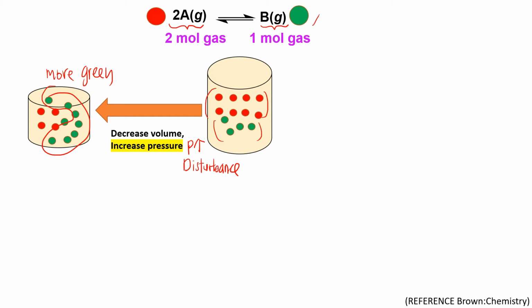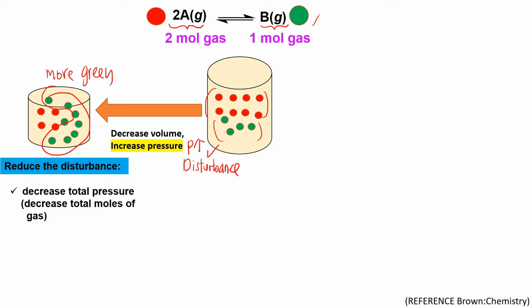So why will they produce more B when the pressure increases? Now I will show you. Once the disturbance is a pressure increase, how you reduce the disturbance is you must decrease the total pressure. How do you decrease it? We must decrease the amount of gas, because P total equals N total RT over V. If you are able to decrease N total, the P total will also decrease.